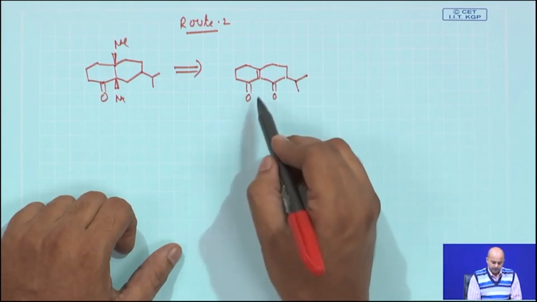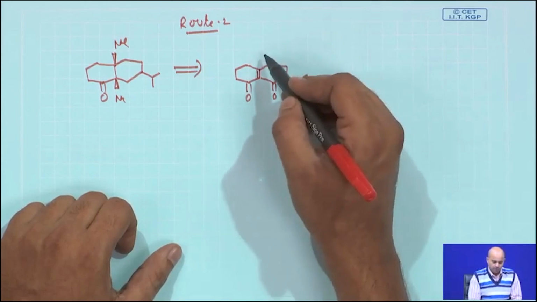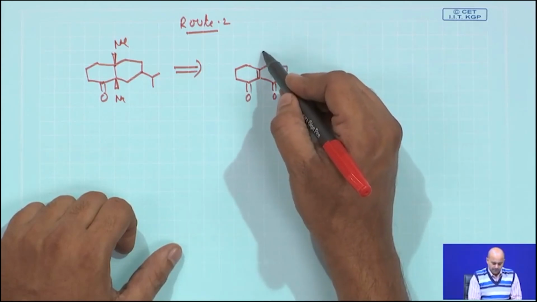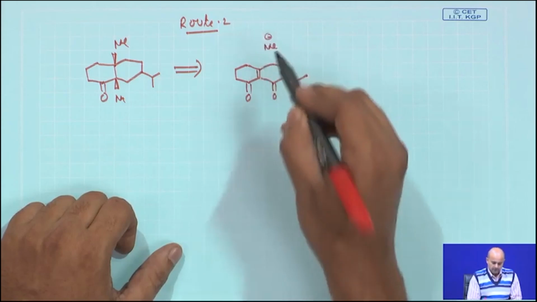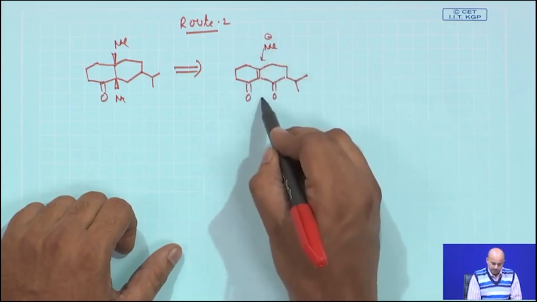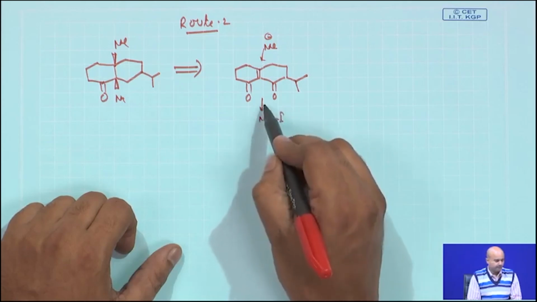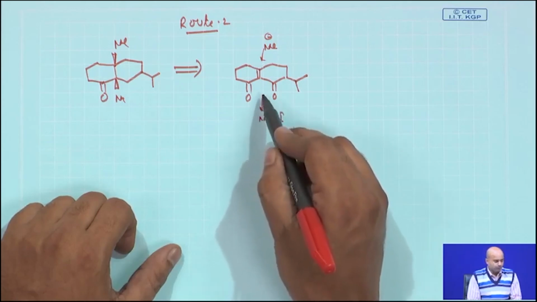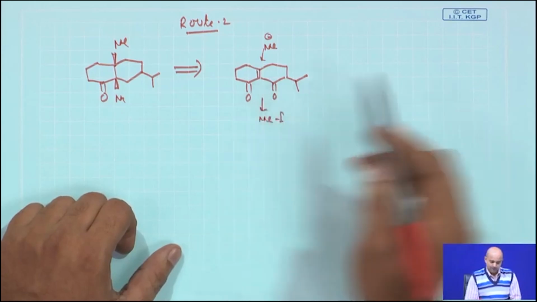And I say if I have this kind of bicyclic compound, we will be doing a Michael addition here to introduce the methyl group as methyl minus, okay. And then an enolate will be generated here, that will be trapped with a methyl electrophile, methyl iodide. So, it looks logically possible, but then how can you make this compound?